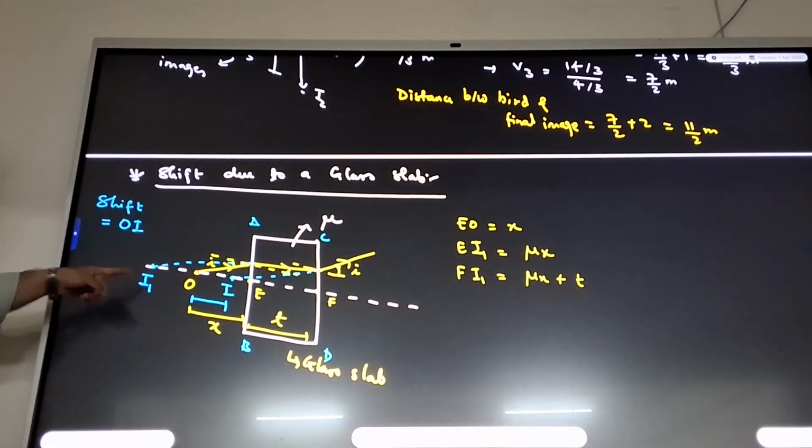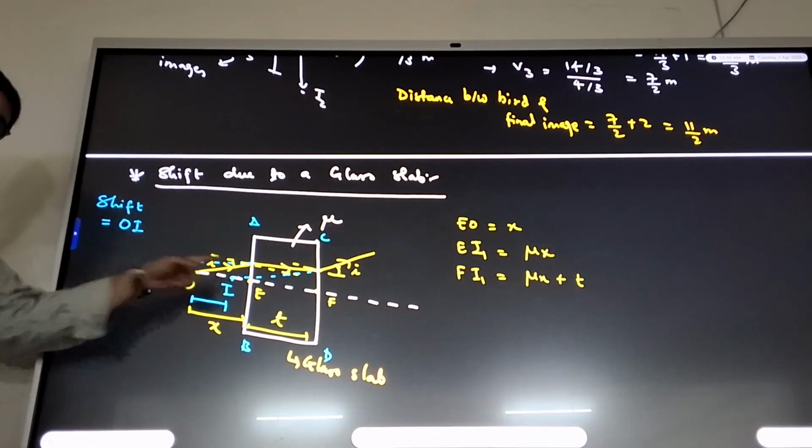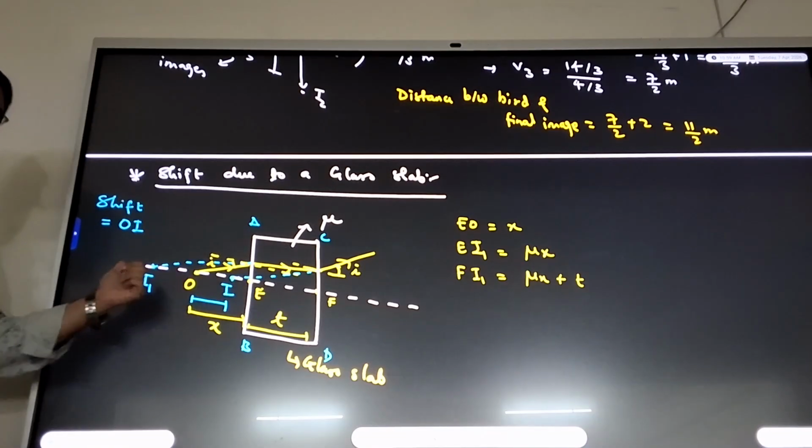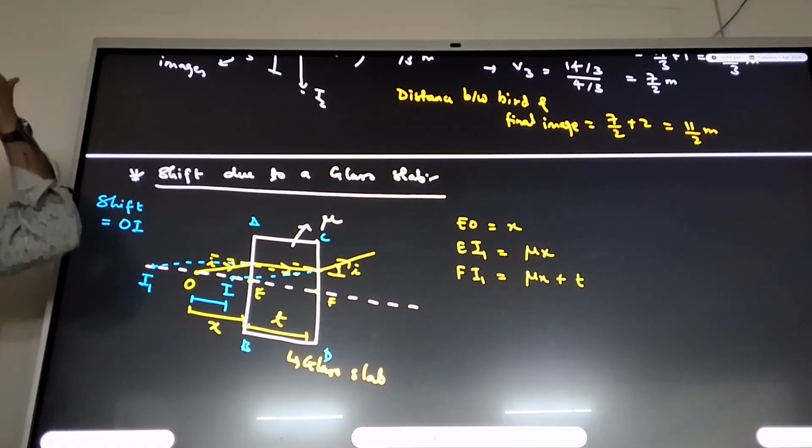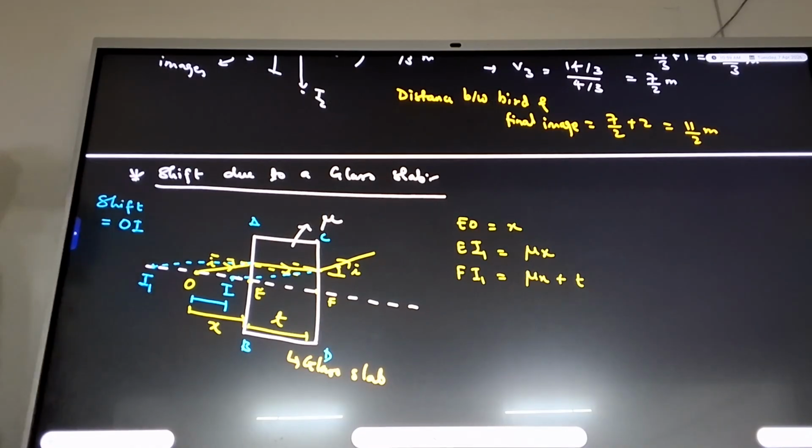What will this act like? Virtual object. So which case do you have to consider? Third or fourth? Third case. Is it in air or in a medium? In air. So which case? Go and look at your notes. Third case. Fourth. Look at the rays.